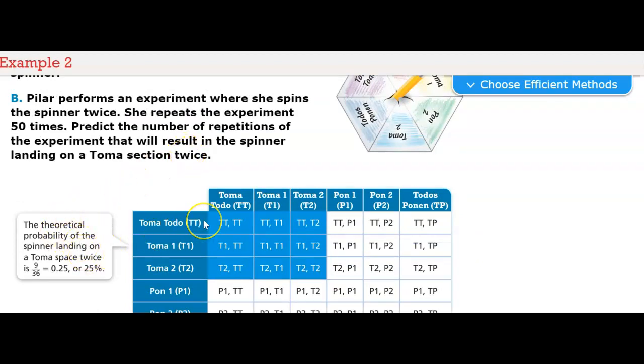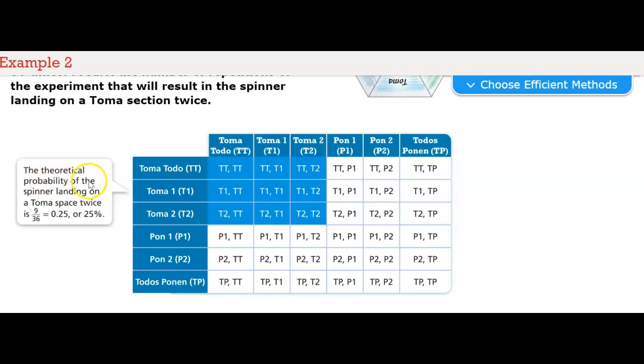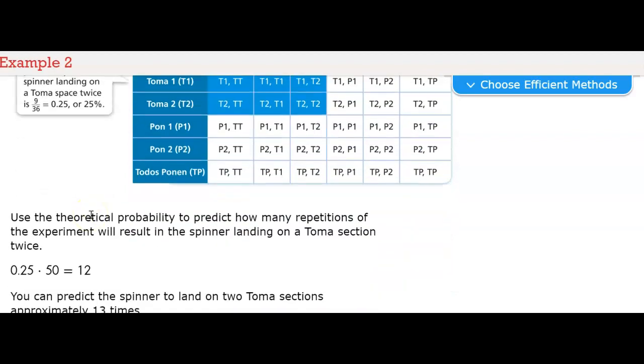And so the theoretical probability of the spinner landing on a Toma space twice is 9 out of 36. All this shaded in blue on this chart, or organized list, shows 1, 2, 3, 4, 5, 6, 7, 8, 9. So it's 9 possible, and the total is 36, and then the decimal of that and the percentage of that.